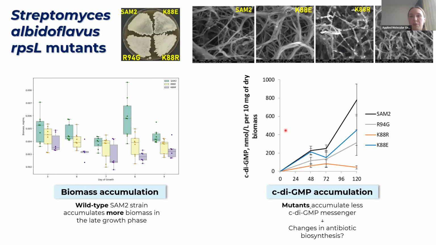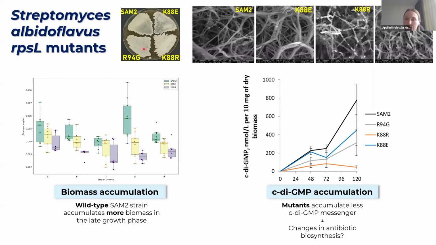So we generated 3 mutants, K88E, K88R, and R94G, and performed standard tests to assess the effects of RPSL mutation on the bacterial cell. Here you can see strains of genetically engineered Streptomyces albidoflavus mutants and the wild type on the plate.